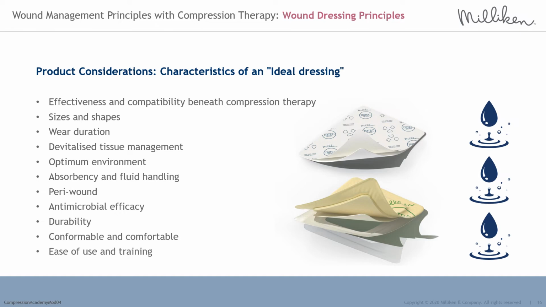We need the dressings to be conformable, comfortable for the patient. We want them to be low profile, lightweight. The patient's limbs are already fairly heavy when they're edematous, and we also want dressings that allow a non-traumatic removal. Another important consideration due to staff turnover and training issues is that we actually want products that are easy to use, easy to train, easy to adopt into clinical practice.